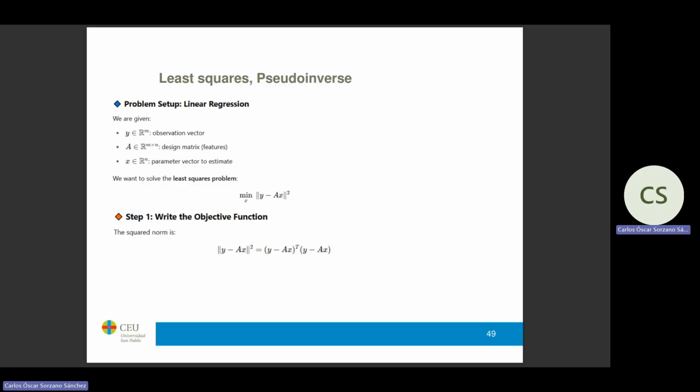Minimizing the square norm is minimizing the prediction error. The norm of a vector squared is that vector transpose times the vector. Then we can expand that.